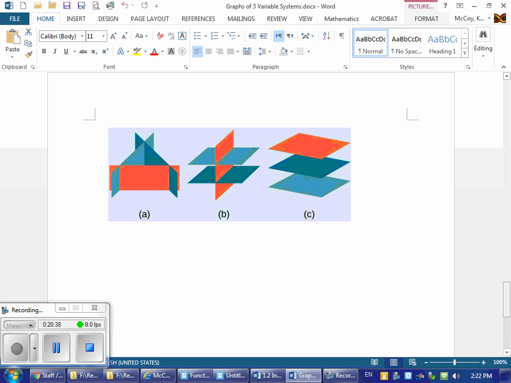And then A, it looks like each pair of planes intersects the other one, forming that kind of triangular shape, but they never all touch one another. So the orange intersects the green and the purple at different places. The purple intersects the orange and the green at different places, and the green intersects the purple and the orange all at different places. So you can see that there are several different ways you could have no solution.